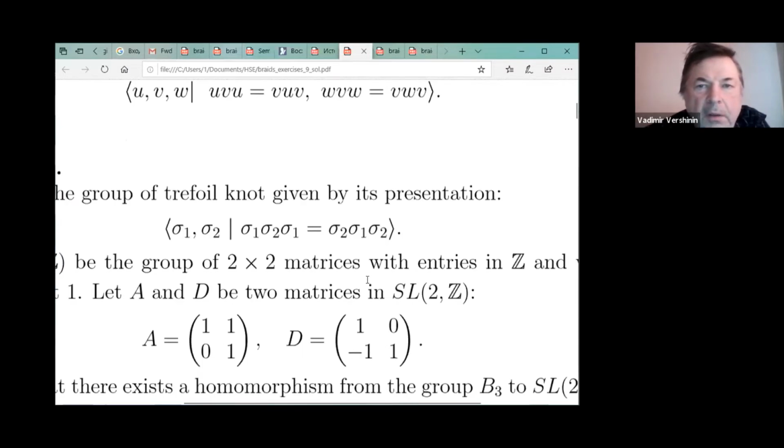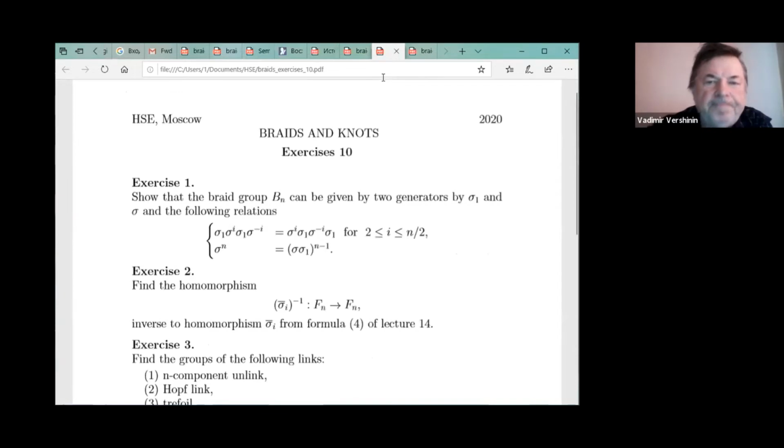So, and Artin himself also showed that it is possible to make the following presentation with only two generators.